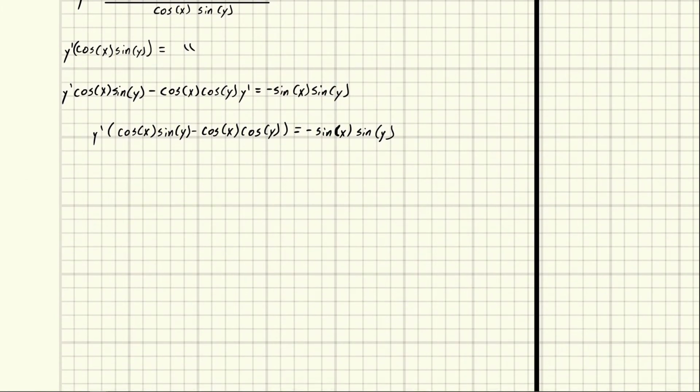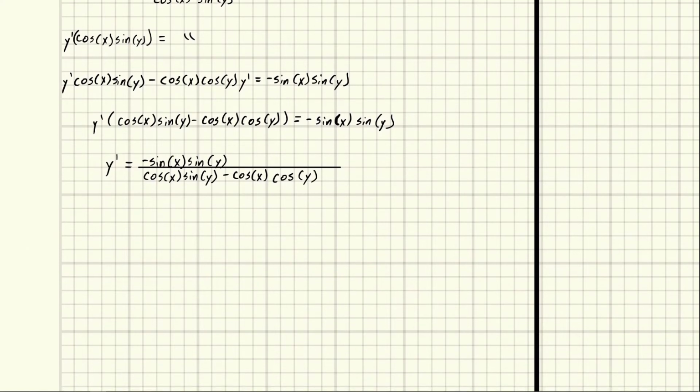All right, now we can just divide out. We get y prime is equal to negative sine x sine y over this big thing, cosine x sine y minus cosine x cosine y. And this is the answer.